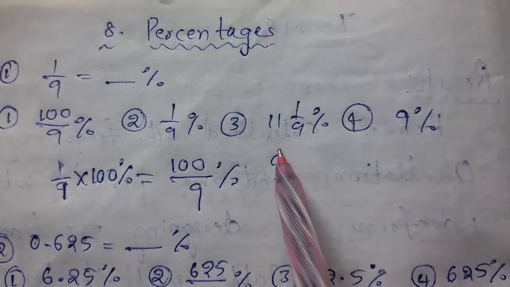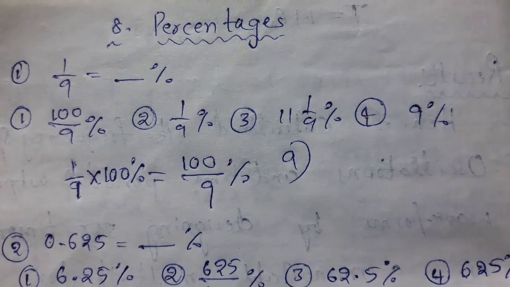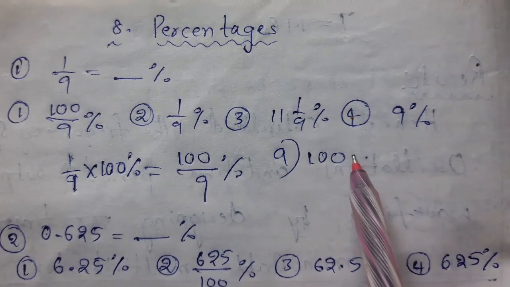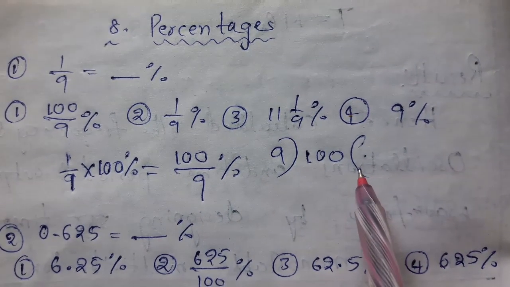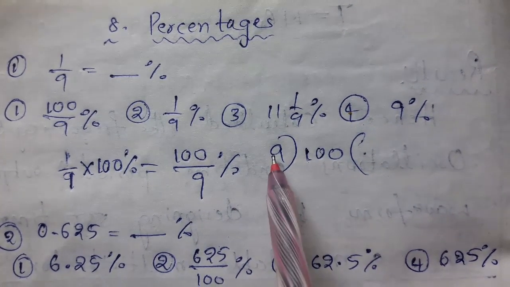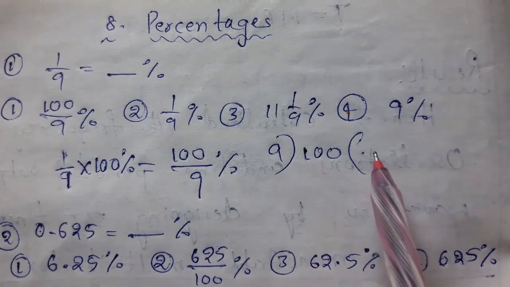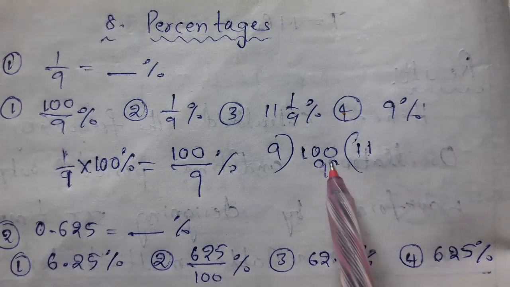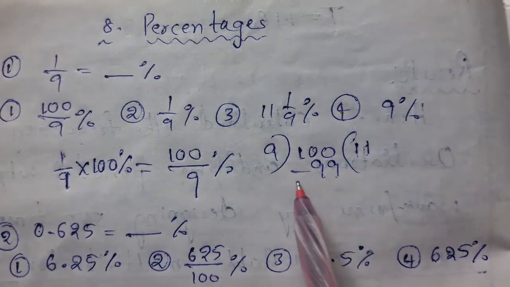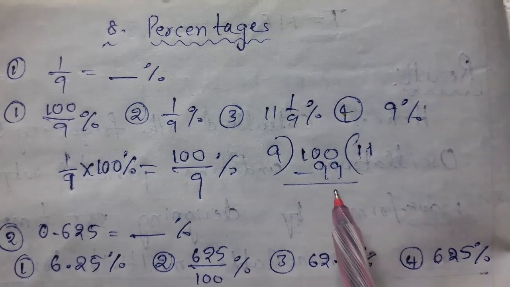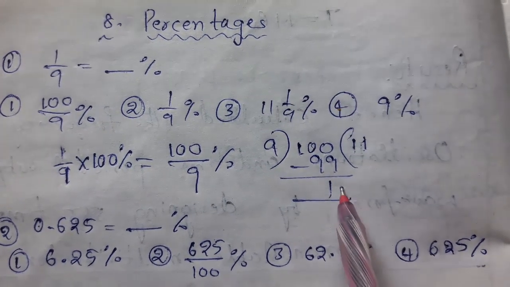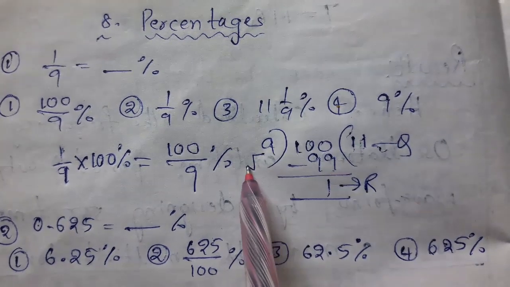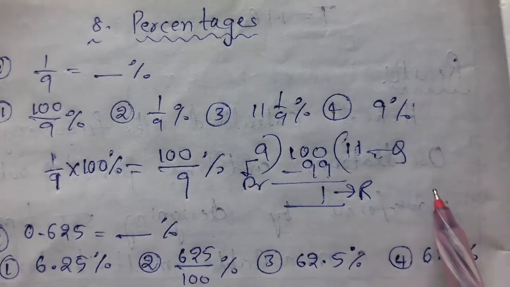Check. So 9 in 9 table, so 100, isn't it? 9 ones are 9, 9 ones are 9, means 9 11s are 99. Do the subtraction. So 100 minus 99 means what? 1. So this is the remainder, this is the coefficient, this is the divisor.